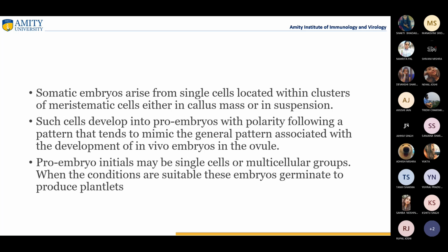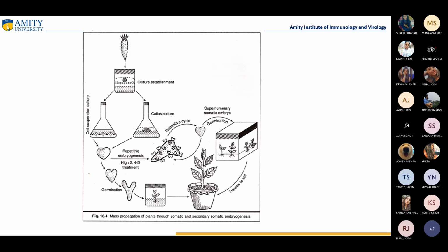When the conditions are suitable, these embryos germinate to produce plantlets or smaller plants. So this shows the mass production of plants through somatic and secondary somatic embryogenesis, right? With proper culture, how callus is initiated, how callus is established, and how there is a cell suspension culture, and then germination takes place. So this is how the process goes on.